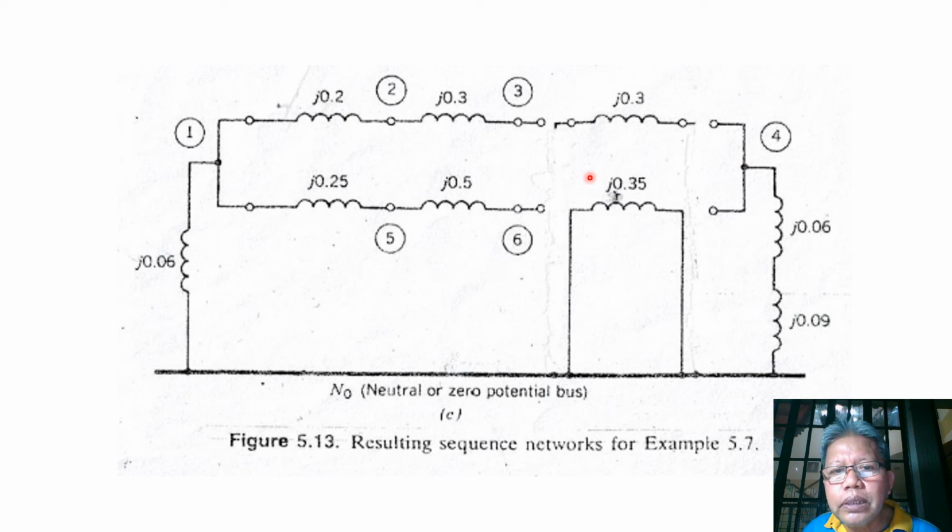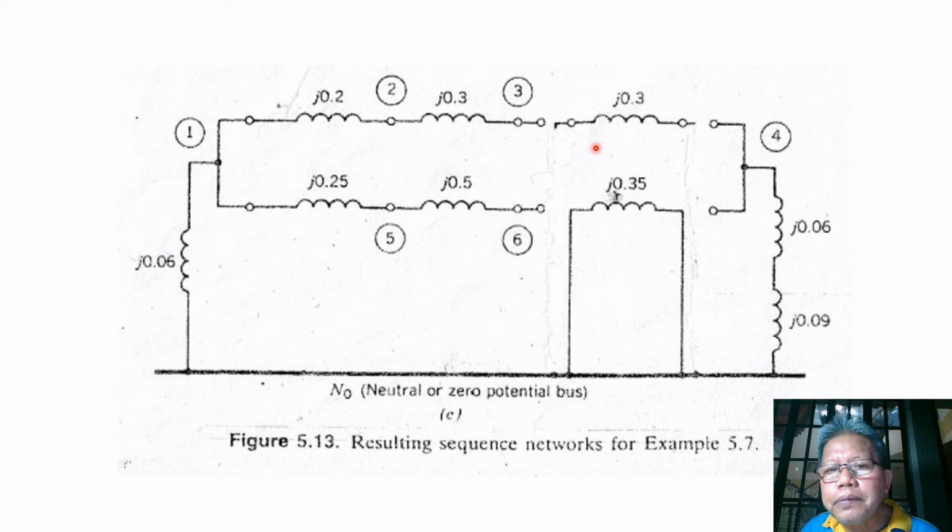Because of the connections of our transformers. For transformer T1, because it is YY connected and grounded on both sides, zero sequence current can just flow from bus 1 to bus 2, and then we have here a TL to 3.